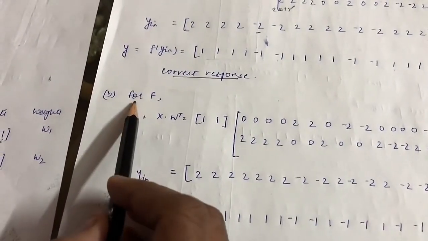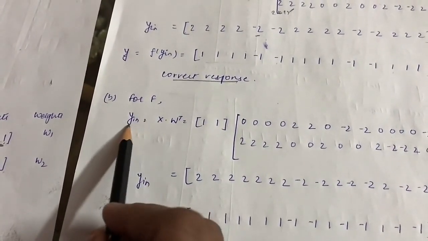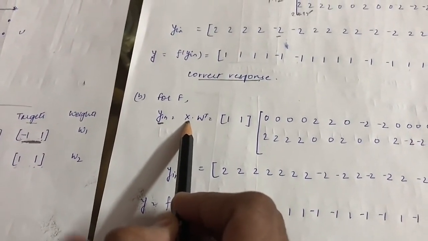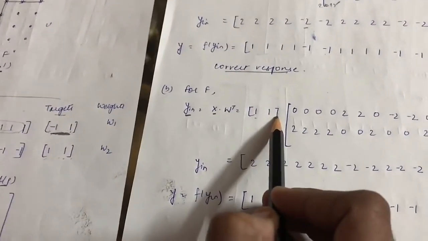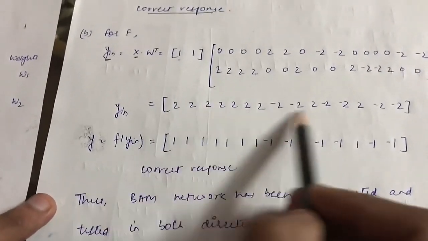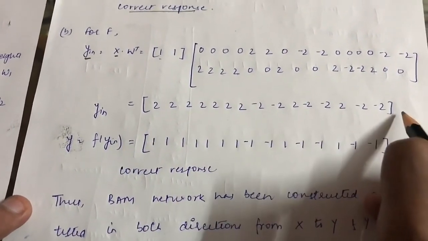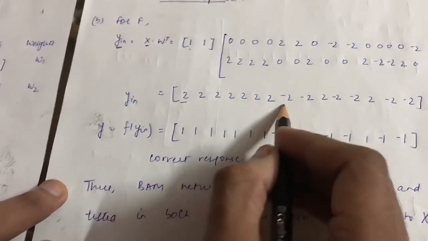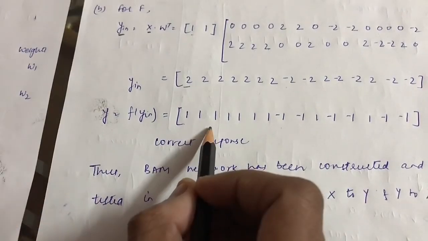Okay, similarly for F, you calculate the net input by multiplying the target vector for F. The target vector for F is 1 and 1, and you multiply it with the transpose of the weight matrix. So you will get y like this. You will get a 1 cross 15 matrix here, and after you apply the activation function over it, since this is greater than 0, you'll write 1, and this is less than 0, you write minus 1, and you compare these two values.